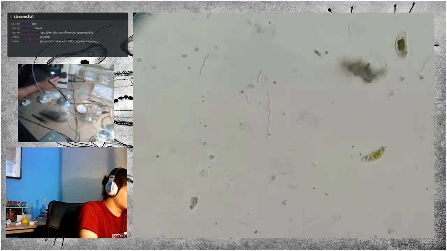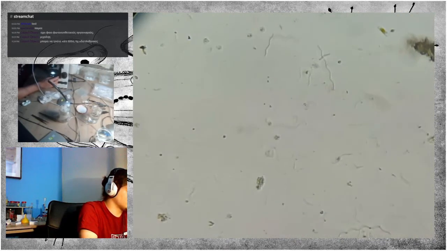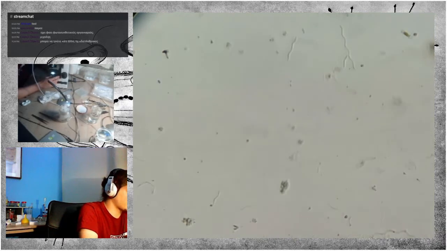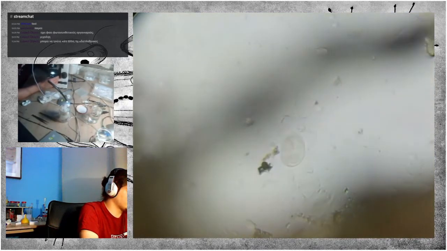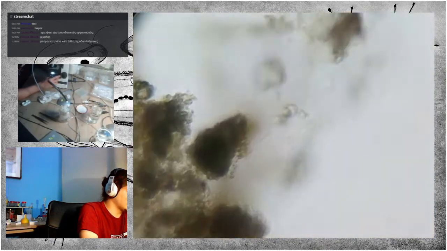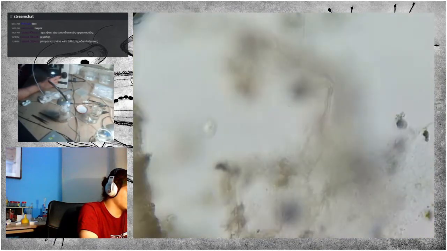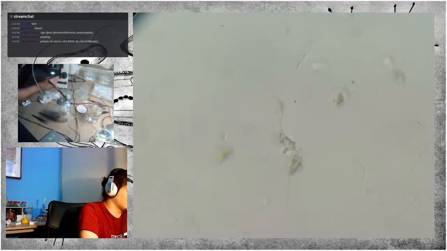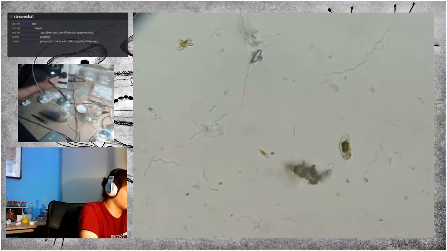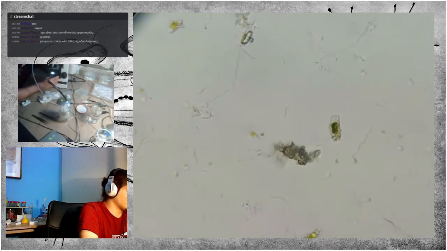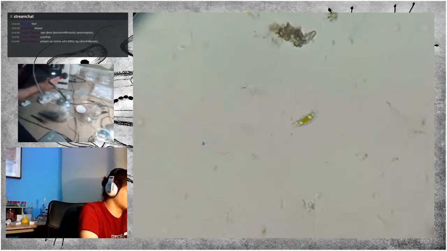Also, in almost every sample, you can expect to find bacteria. They are everywhere, literally everywhere, in your hands, on your face, inside of your stomach, on top of your desk, on your phone.